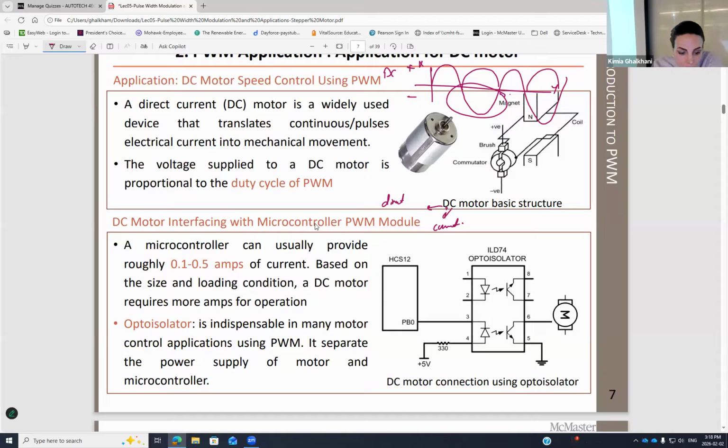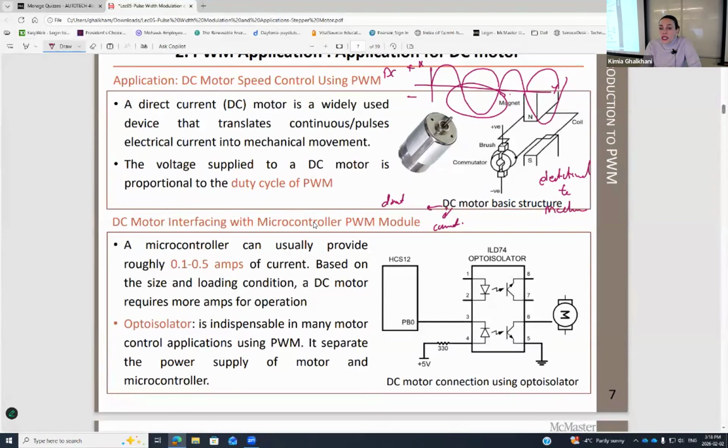So now, a DC motor, or direct current motor, is an electrical motor that converts direct current into mechanical energy. And I know everybody loves mechanical engineering. So we are going to convert electrical to mechanical.